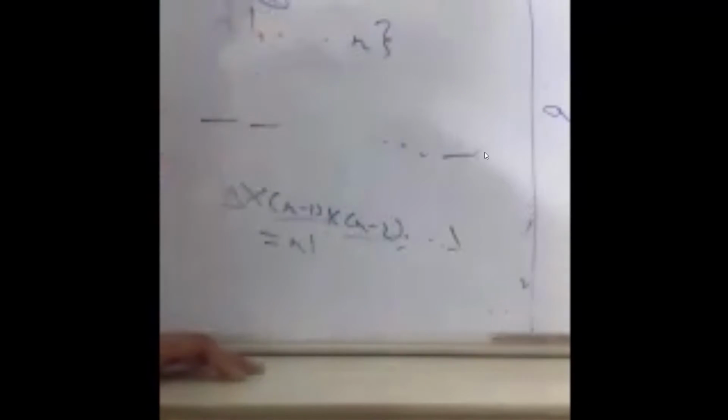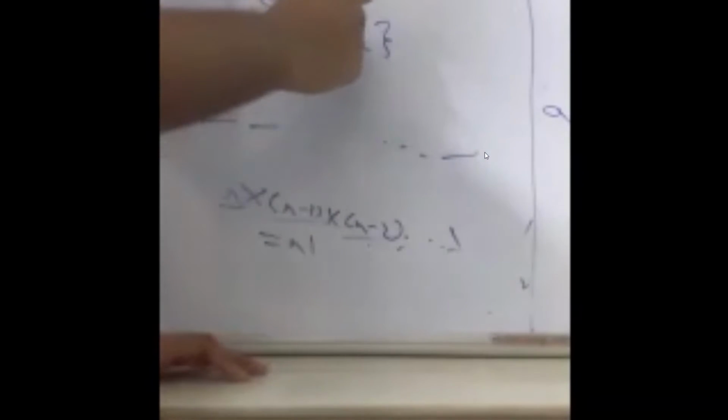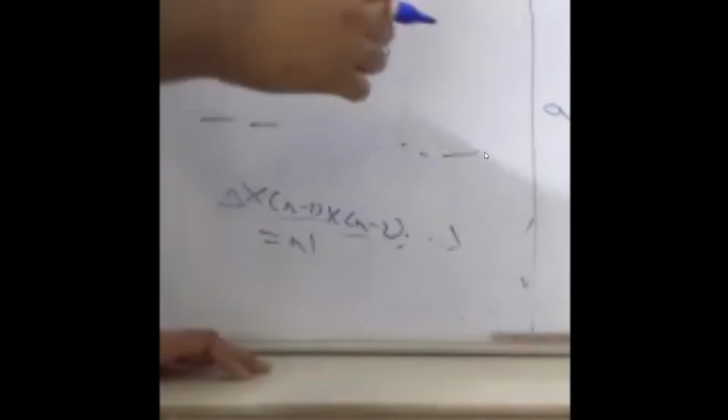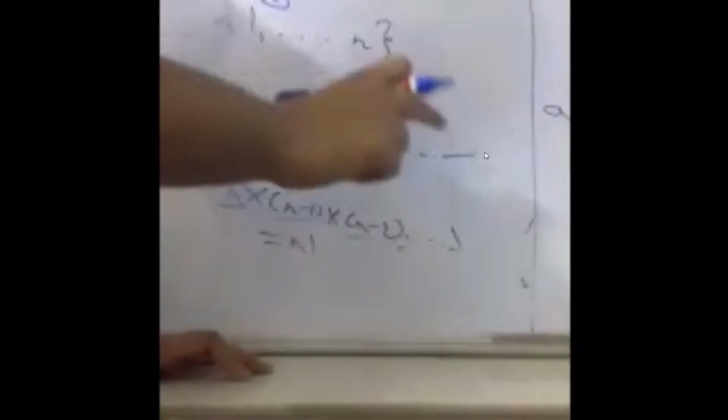So now we have n minus 1 boxes, and if we pick a pen from here, we could place it in n minus 1 of those. And then the next pen, we could put in any of these n minus 2 boxes. Next one, we could put in any of these n minus 3 boxes. So if we continue like that, we get 1 into 2 into 3 up to n.